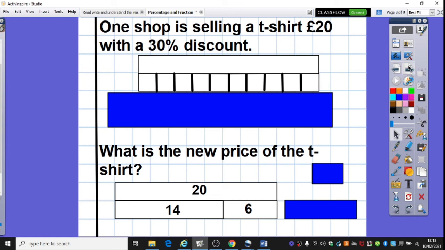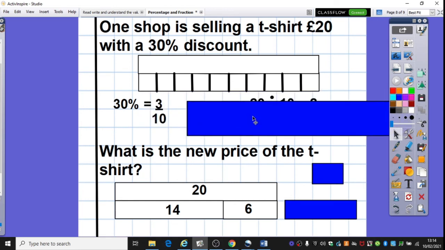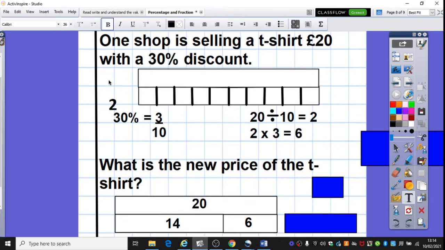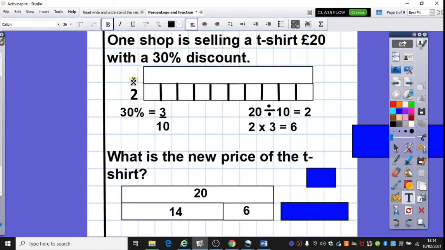Okay, let's look at the next one then. One shop is selling a t-shirt for £20 with a 30% discount. Let's find out what the discount is. So 30% is equal to 3/10. I'm going to take my £20 and divide it by 10, which gives me 2. So each part of my bar is equal to 2. But I'm not just looking at 1/10, I'm not just looking at 10%, I'm looking at 30%, I'm looking at 3/10.